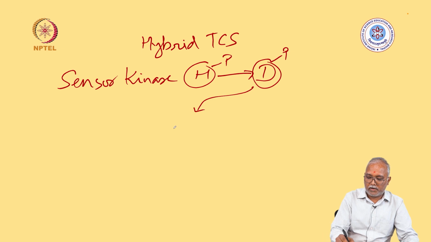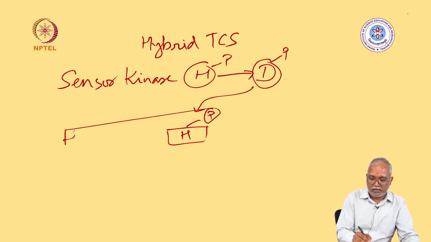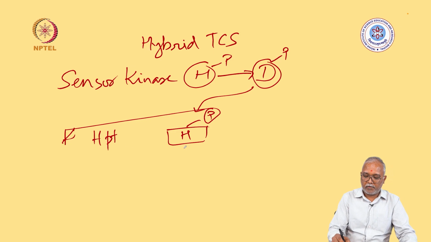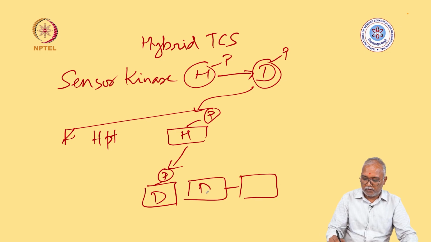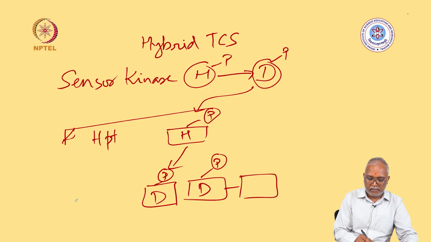This will require another histidine residue for the phosphotransfer event, and this is where you will have HPT like molecules, and from here it will go to an aspartate residue in the final effector molecule, and these will be your response regulator.